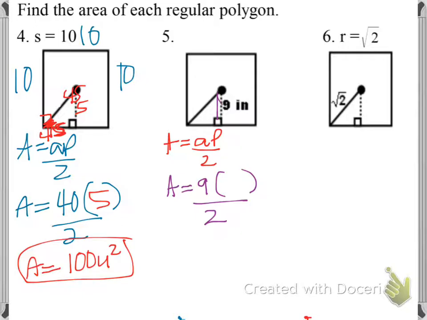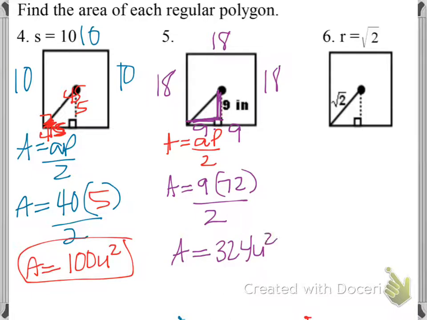But if that side's 9, then this side's also going to be 9 because it's a 45, 45, 90. Which means the entire side is 18. So all the sides are 18, and 18 times 4 is 72. 72 times 9 divided by 2 is 324.